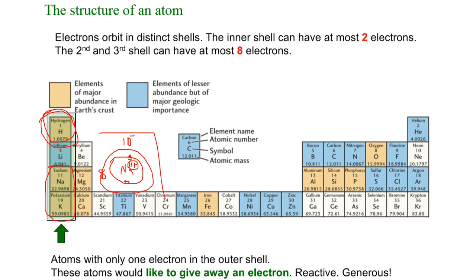So the net charge on this sodium ion, once it loses its electron, is going to be plus 1, right? And after that, we say that it ionizes. All of these atoms, potassium, lithium, sodium, and hydrogen as well, are going to lose an electron and form plus 1 ions.